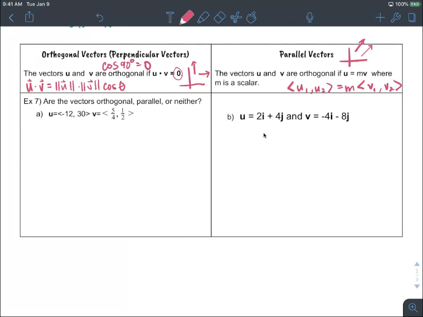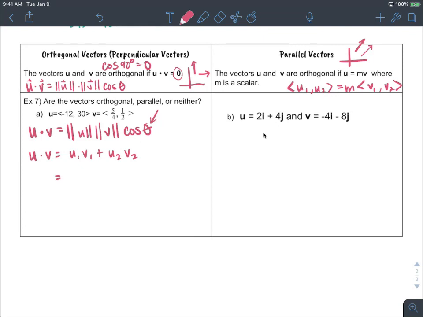So let's look at example 7a. I'm going to go u times v is equal to the magnitude of u times the magnitude of v times the cosine of theta. And then I don't want to use that one because I don't really know what the cosine of theta is between them. So I'd rather use the u1 v1 plus u2 v2 equation.